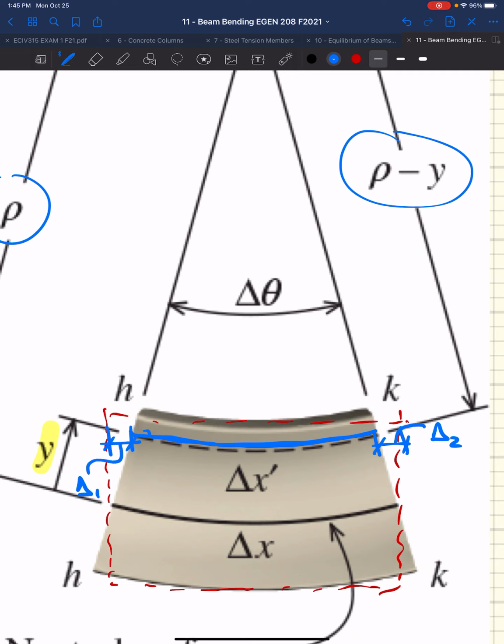As we squeeze this section of beam, compress it, and make delta x prime smaller than delta x, I think we could all agree that the change in deformation would be this distance from the original shape to this new shape.